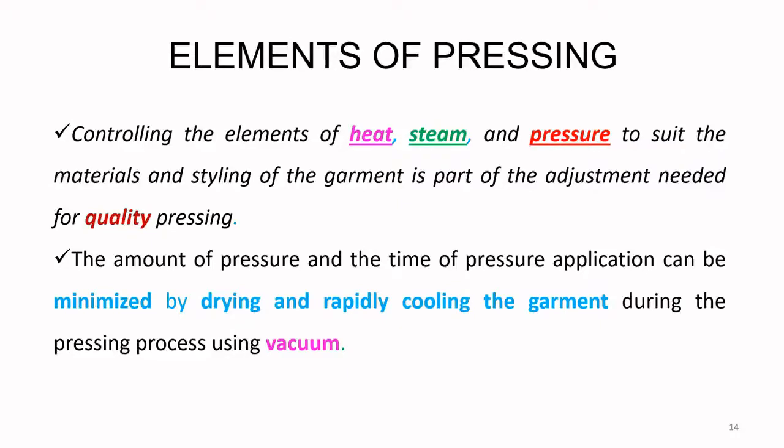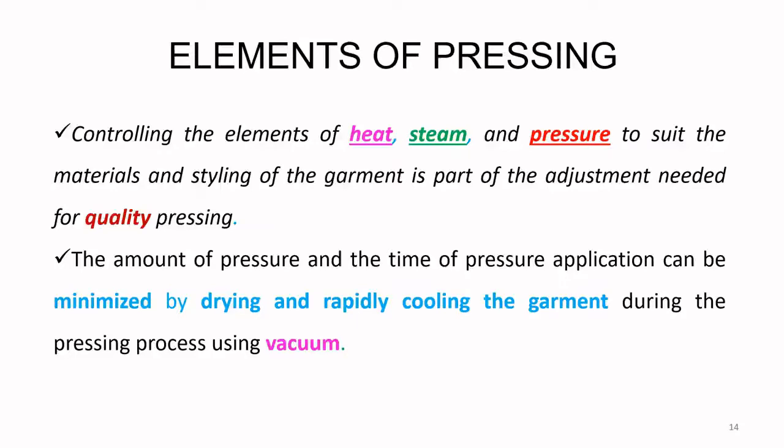So what happens is that you press the garment, the press is applying heat and the steam and the pressure. Now, the moment the pressing has been completed, we press a pedal, and we use the vacuum, and with the help of the vacuum, we suck away all the steam and we dry using vacuum.